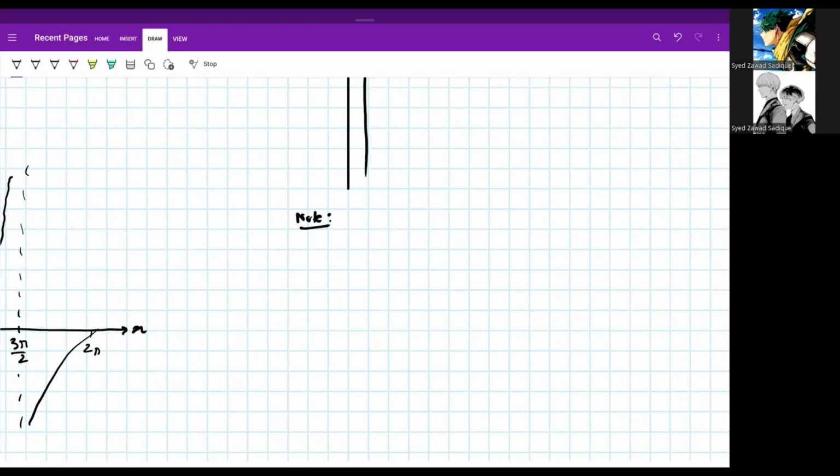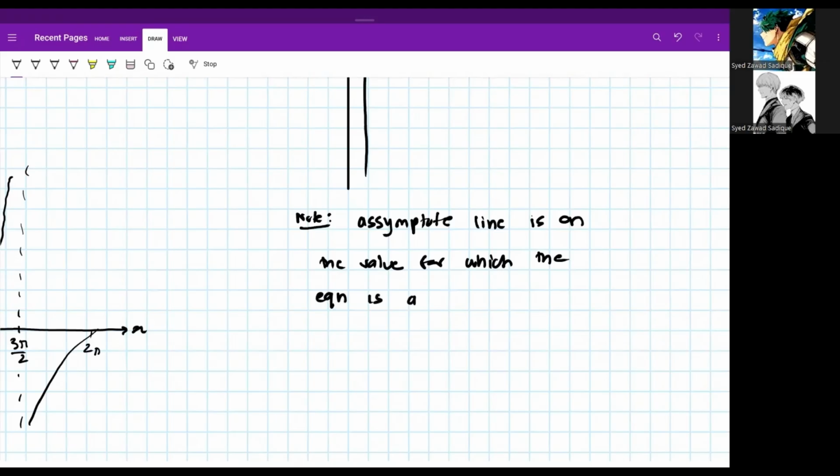Note: the asymptote line is on the value for which the equation is an error.